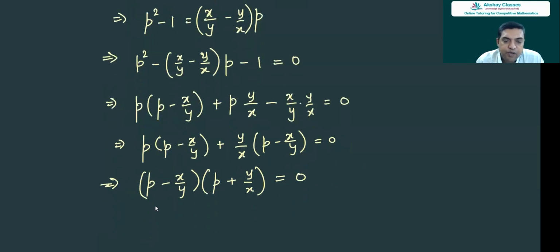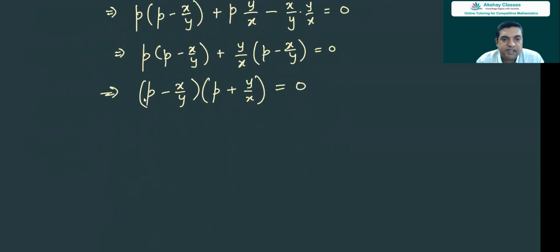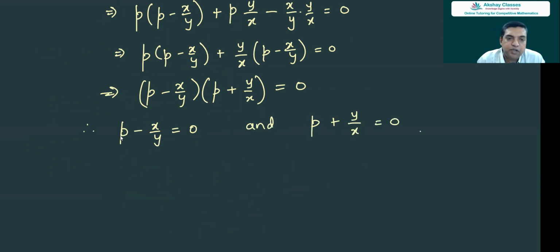So we could solve this for p, solvable for dy by dx. Therefore, p minus x by y equal to 0 and p plus y by x equal to 0.